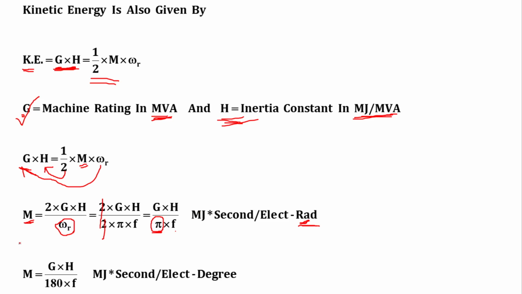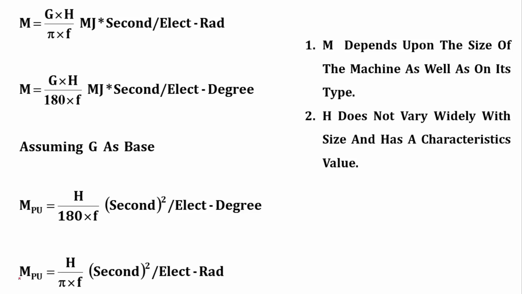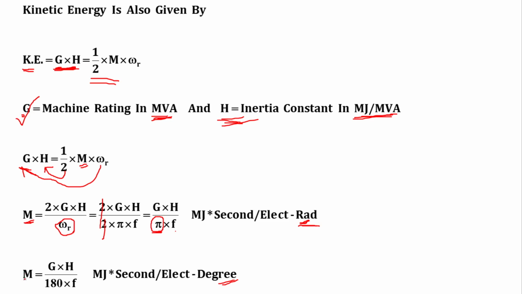So the second formula for angular momentum, in terms of degrees, is M is equal to G into H divided by 180 into f.